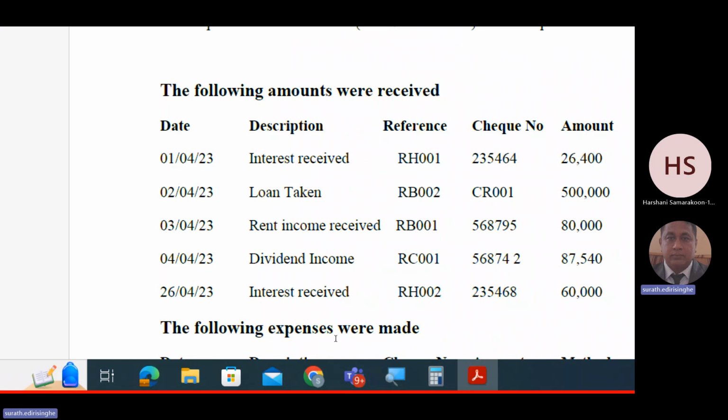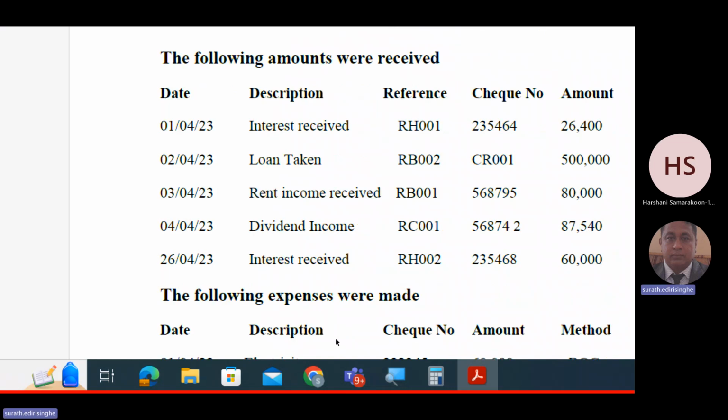Rent income, dividend income, interest income again. Complete. Yes.